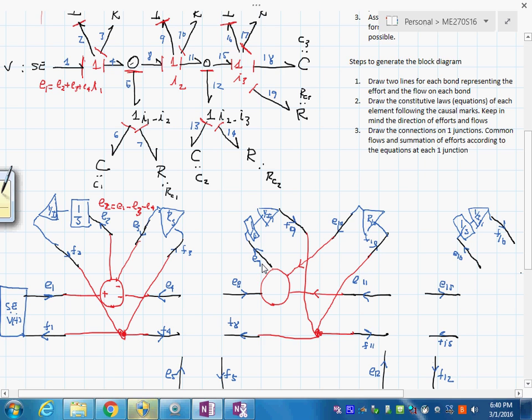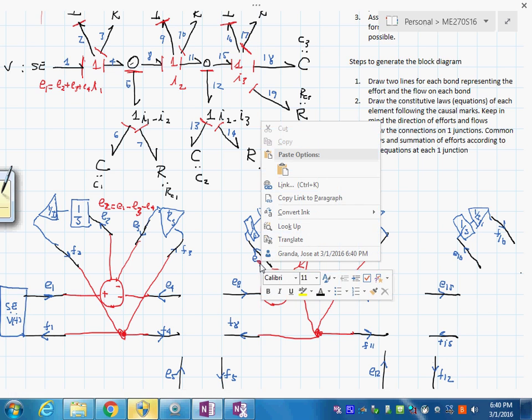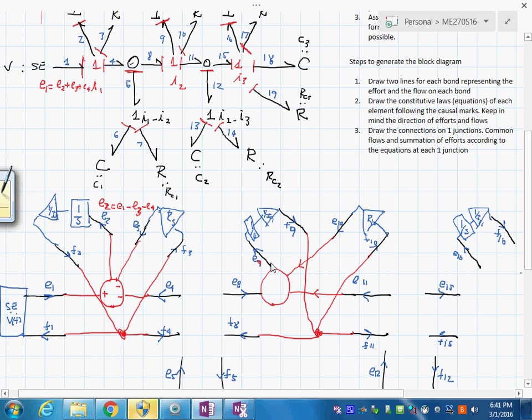We'll put the efforts in here. This one over here is saying that E15 is equal to E16 plus E17 plus E18 plus E19. But in here the output is E sub 16.